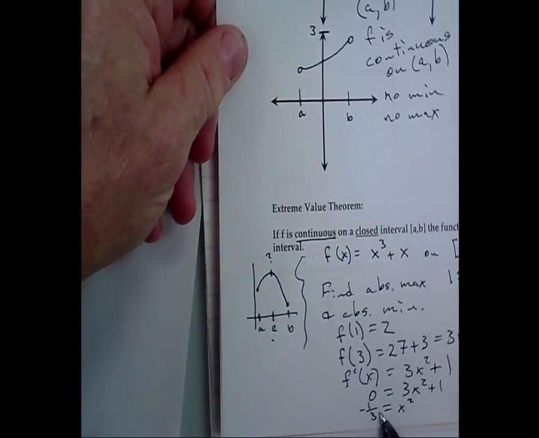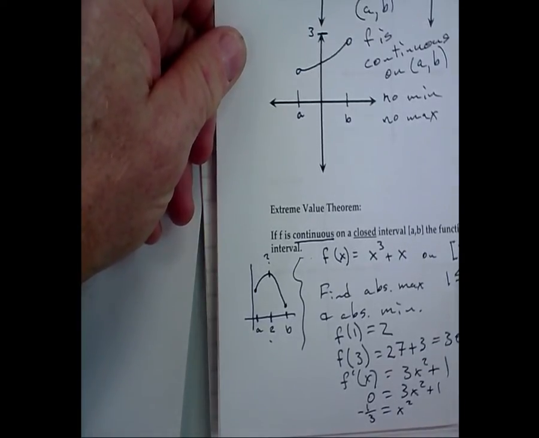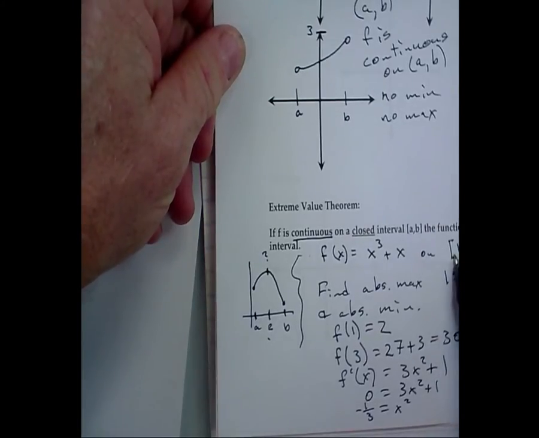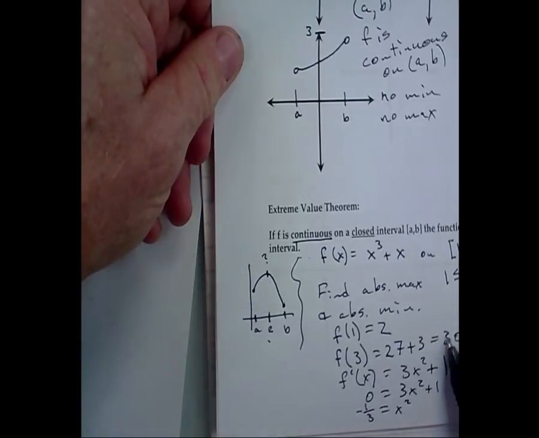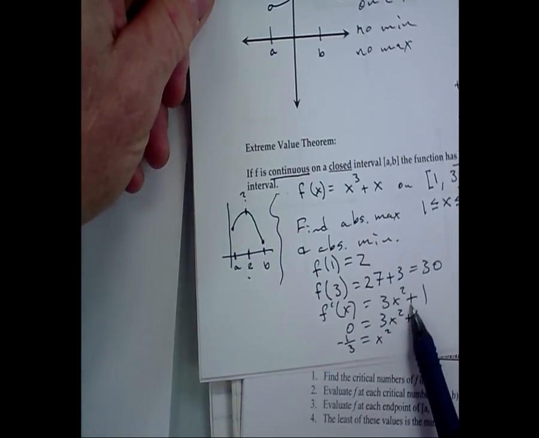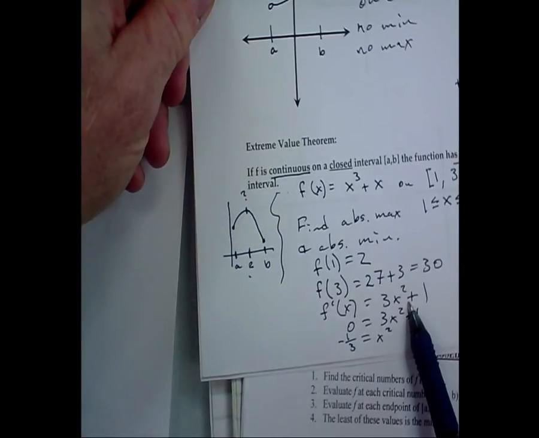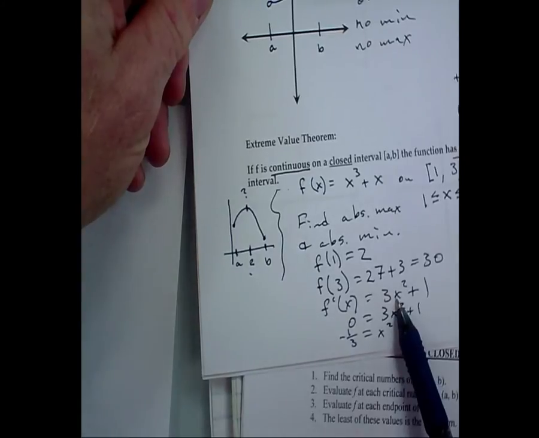This has no solution, correct? So there's no turning around point between 1 and 3. It goes from 1 comma 2 to 3 comma 30. It's positive the entire time, isn't it? For whatever value I put in for x, it's positive.